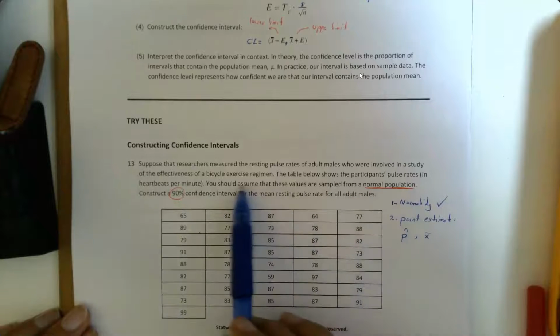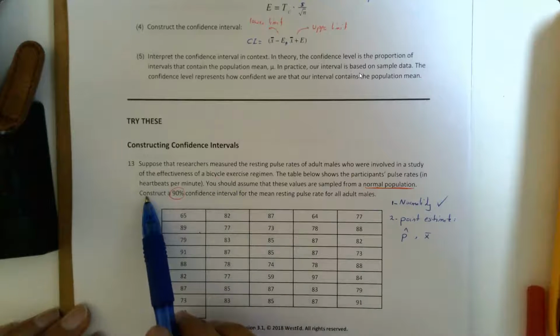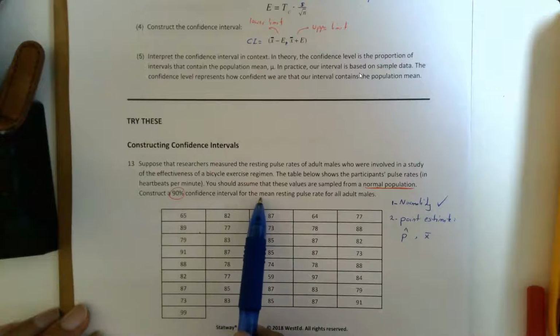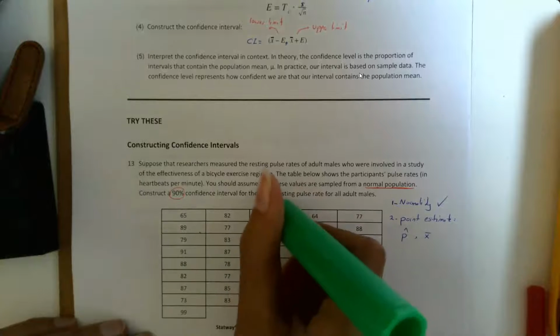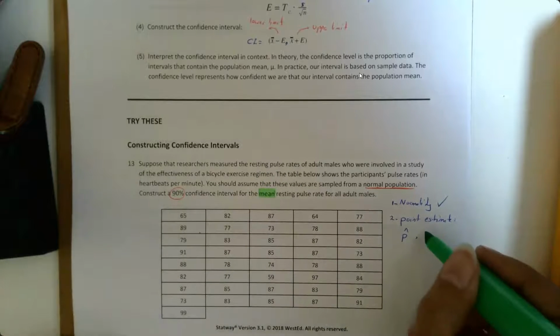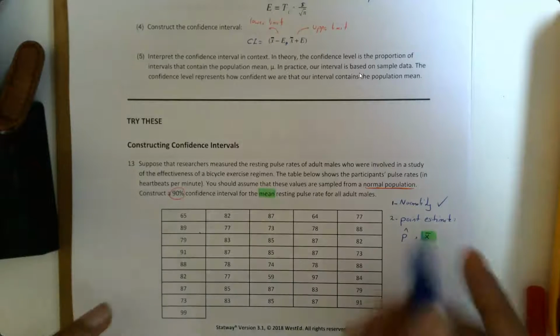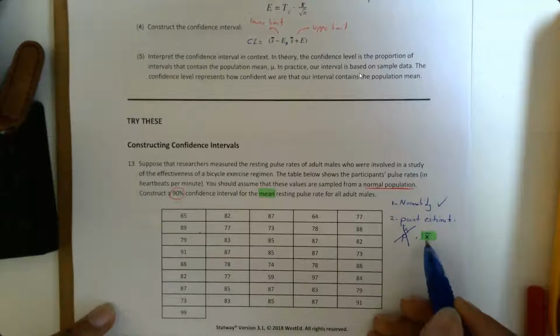Okay, so far I don't get any information. What about the last line? It says construct a 90% confidence interval for the mean. Okay, I found the word that I'm looking for: the mean. So it means that I'm dealing with x bar. I'm not working with the proportion. I'm working with the mean.